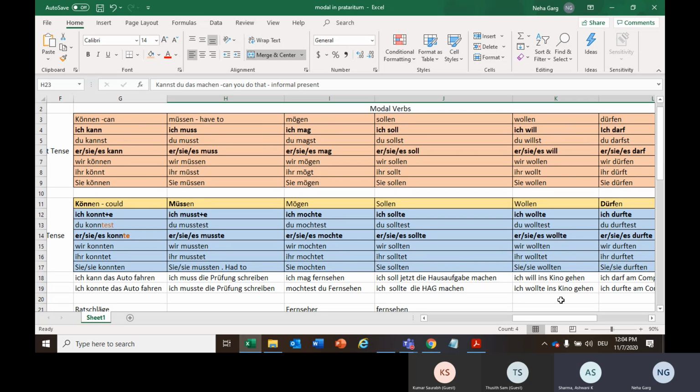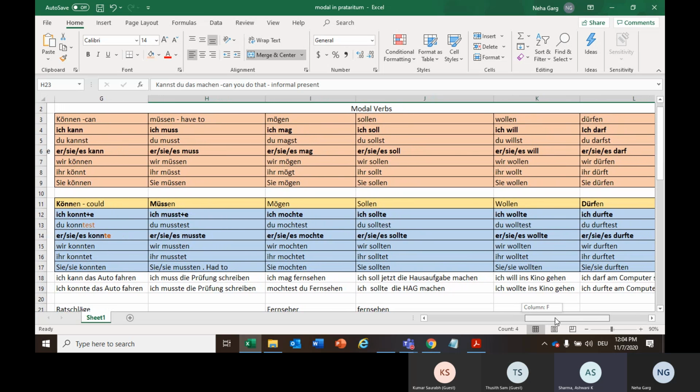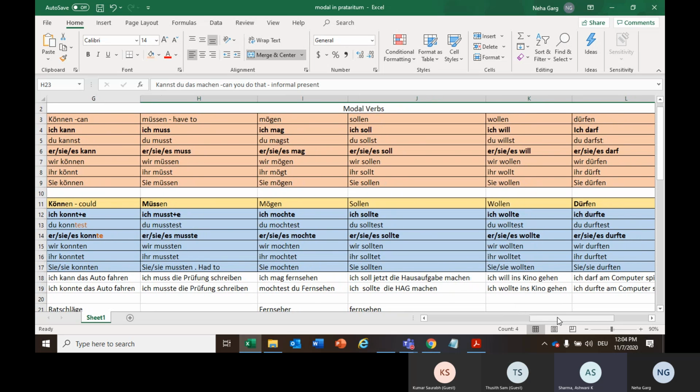And how about would you, will we be using Wollen in that case? Wollen, I guess. No, there also we can use Könnten. Like, can you give me the sentence? Like, would you please open the door?